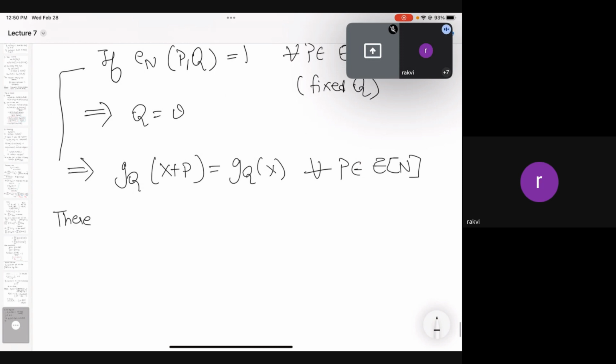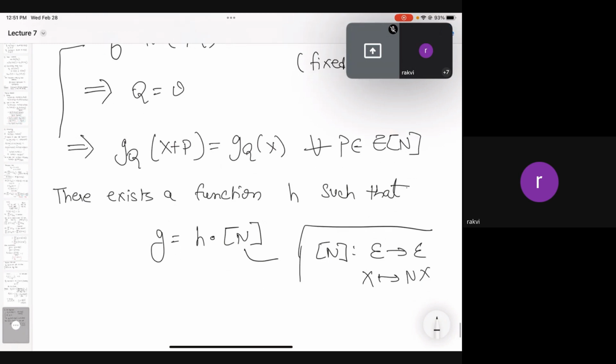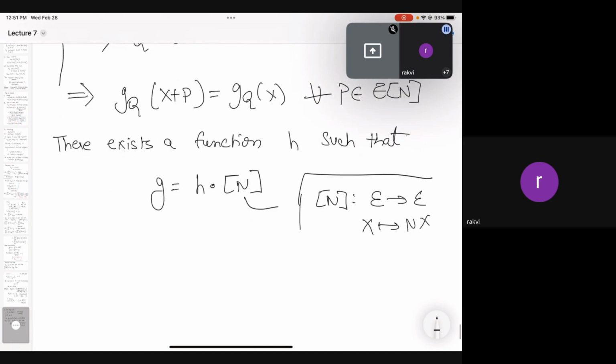So there exists a function h such that g is basically h composed with this map n. And what is this map? I'm thinking of it from E to E. It sends any point x to n times x. But if this is the case, their nth powers must also be the same.